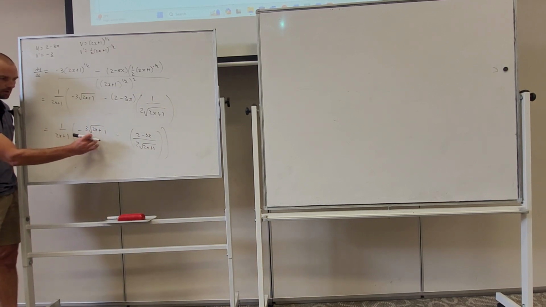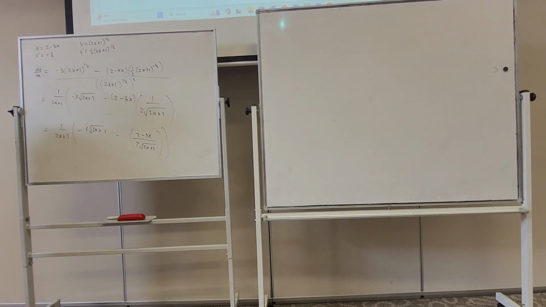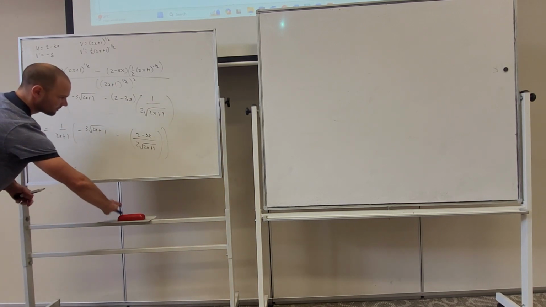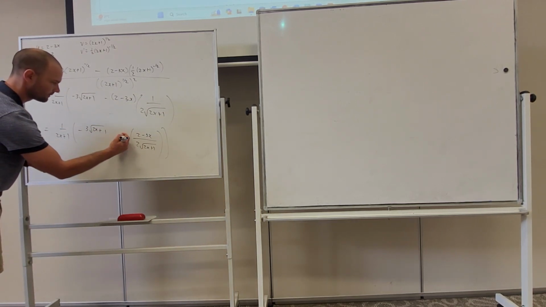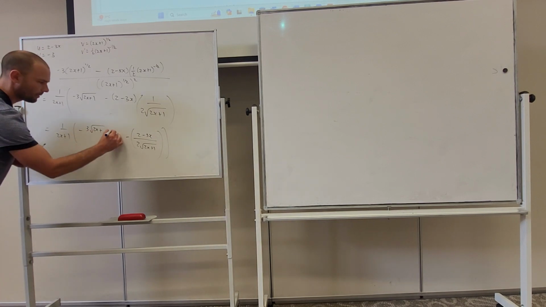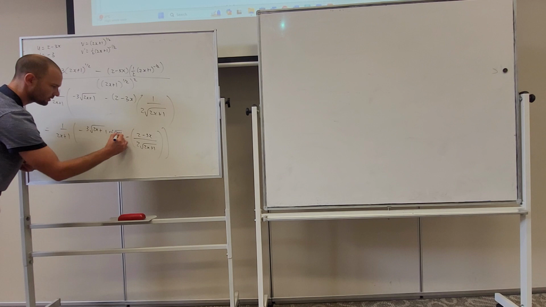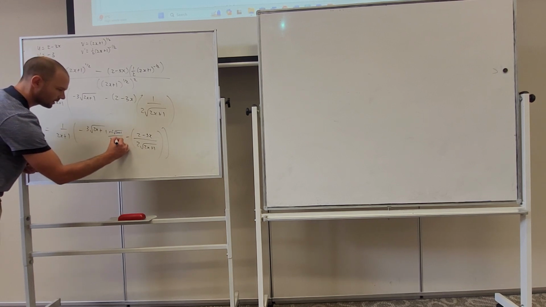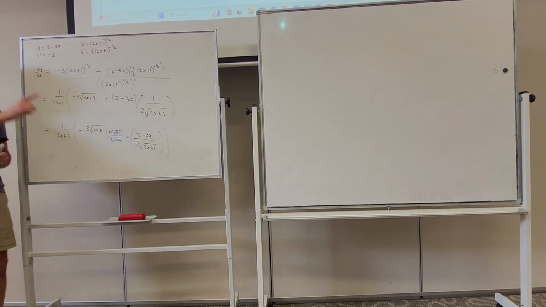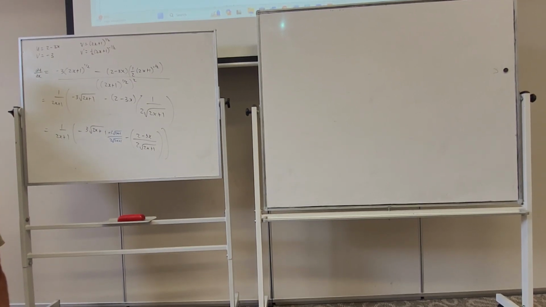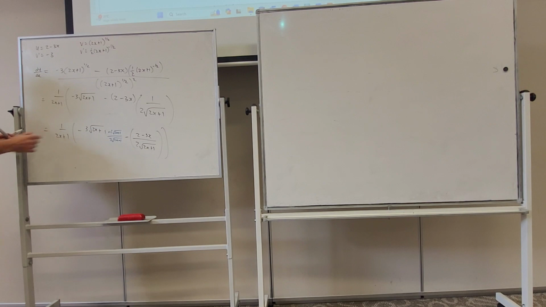So we're going to multiply this whole term by, I'll make some room for it, I'll put that negative there. We're going to multiply it by 2 root 2x plus 1 on top of 2 root 2x plus 1. Okay, so we're multiplying it by 1. We're not changing its value. All right, and we're just multiplying this term.